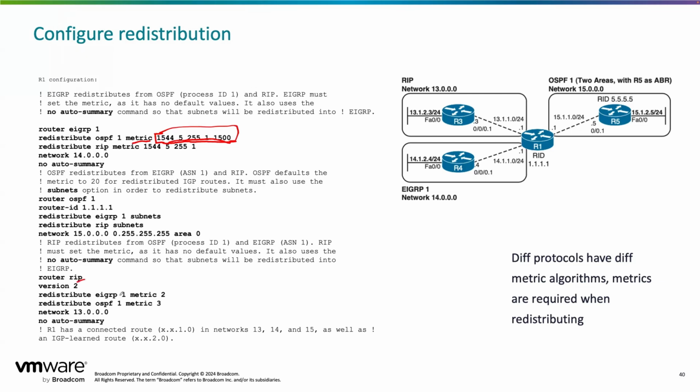Likewise for RIP, we also give an initial metric. For this example, there's a 2, this is a 3, from different protocols, and 2 as an initial metric for EIGRP learned routes. So just be careful to manually give metrics.